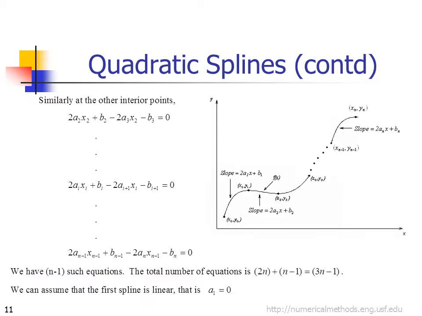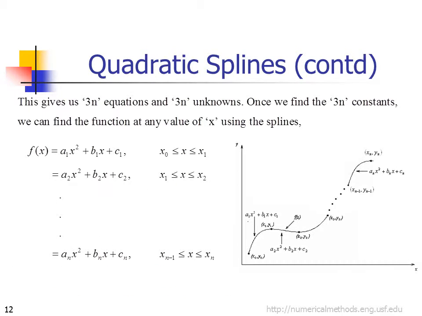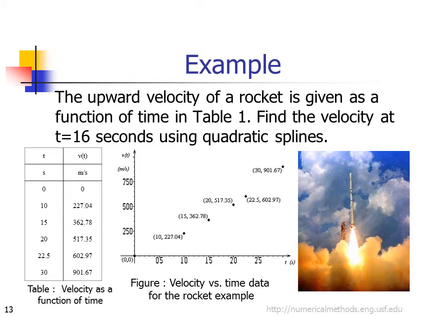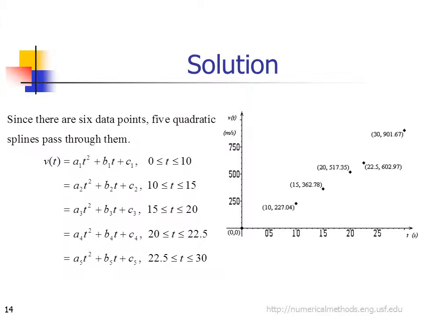So here is the method. Now let us start. The same thing is depicted over here. 3n is the number of unknowns, with 3 in each equation, and we have to find how many splines are being used to find the value. I told you that at each interior point spline 1 meets spline 2.